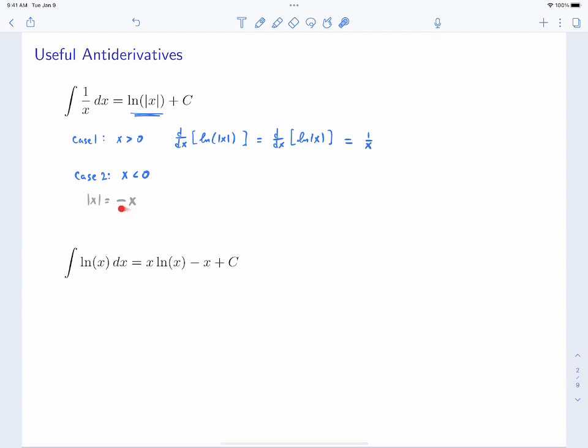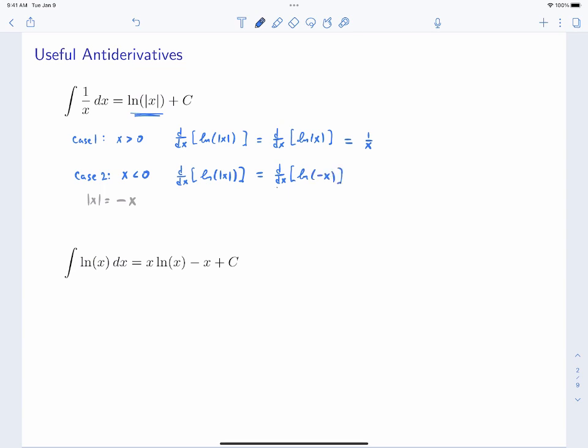And that's why we write it this way, the opposite of x. So in that case, we have that the derivative with respect to x of ln of the absolute value of x is going to be equal to the derivative with respect to x of ln of negative x.